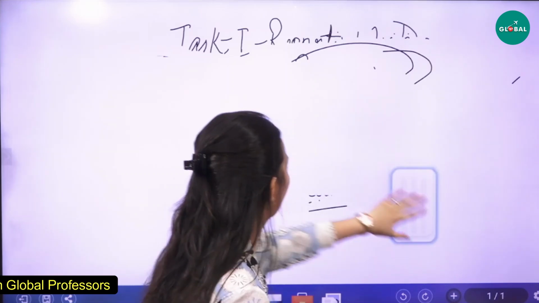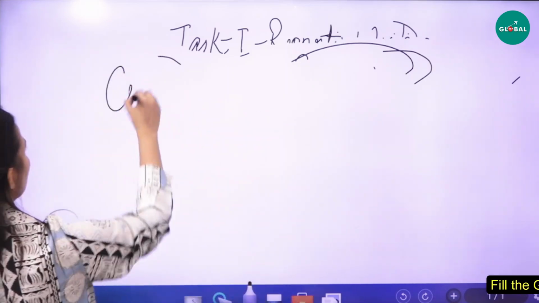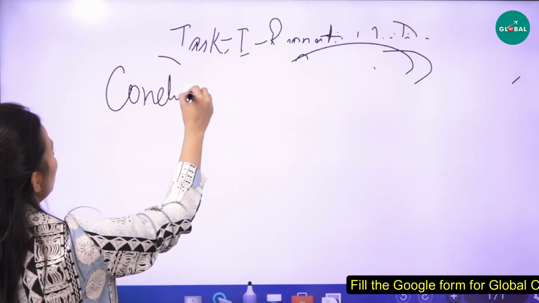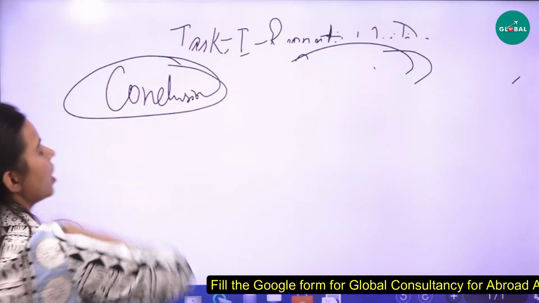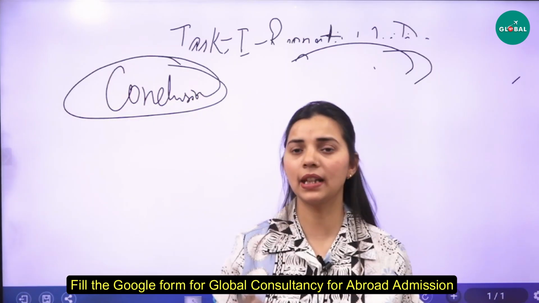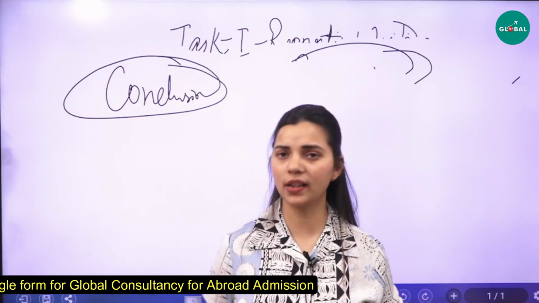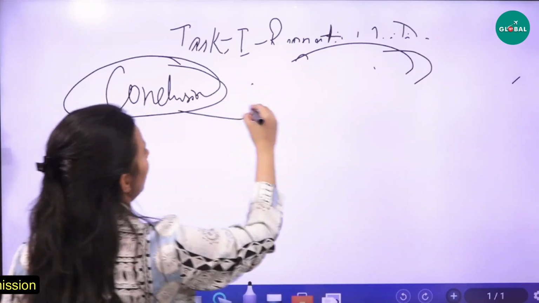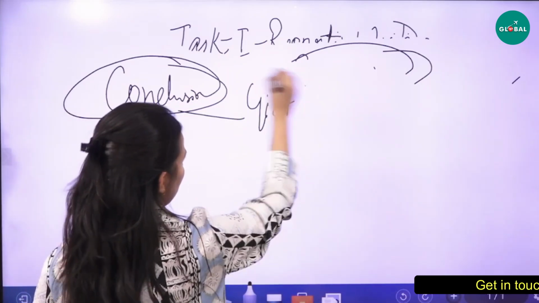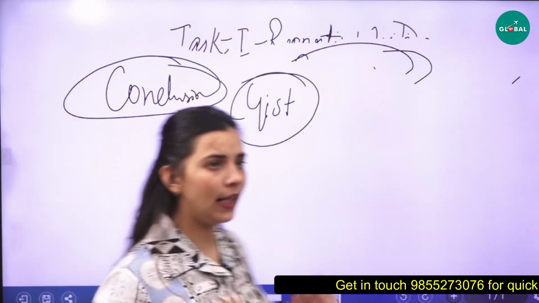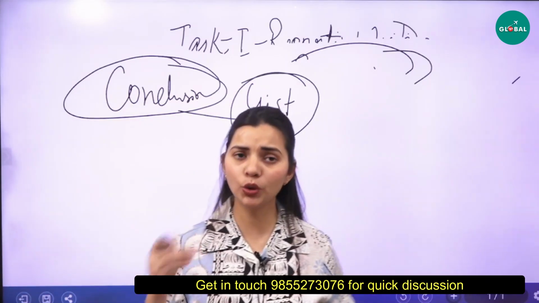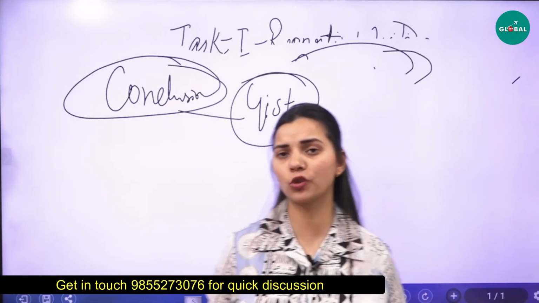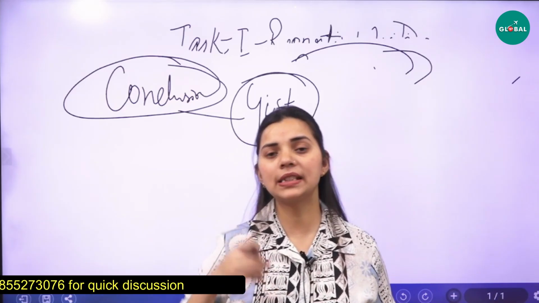And your last paragraph, that is your conclusion. Last but not the least, conclusion is always whatever you have said in your whole data interpretation, you have to write it down as a gist. In task 1, that is report writing, because it is data interpretation, you have to write a second observation.